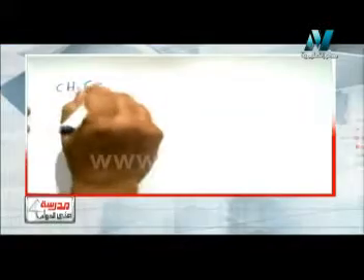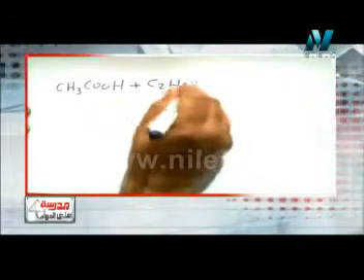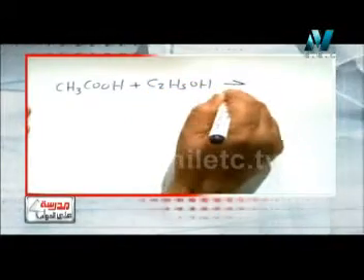Number two, when we add acetic acid to ethanol or ethyl alcohol: acetic acid CH3COOH plus C2H5OH. This is a reversible reaction.